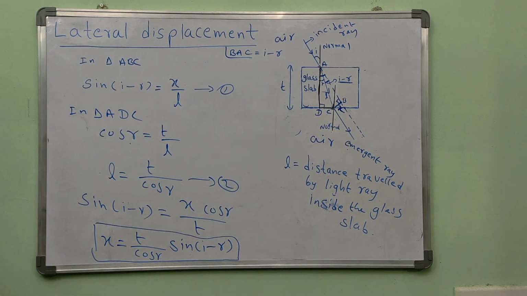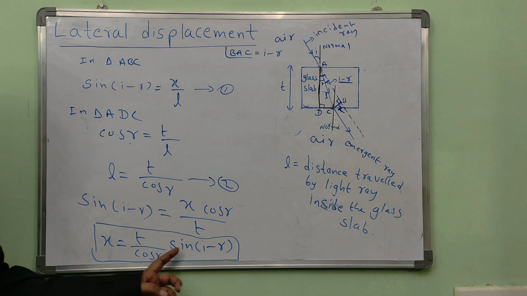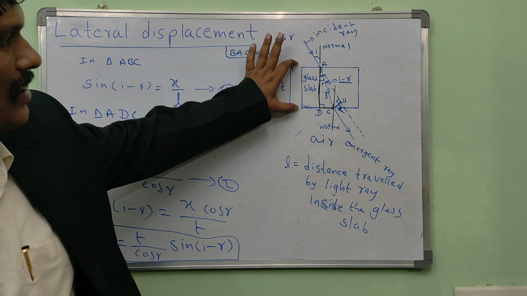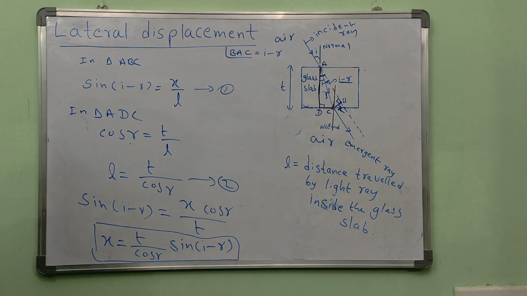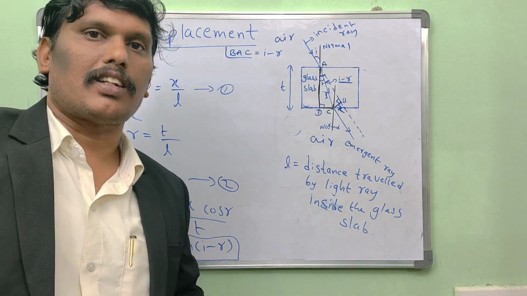Then how to calculate lateral displacement? By using this formula: T by cos R into sin of I minus R. Where T is the thickness of the glass slab, and R is the refracted angle inside the glass slab.